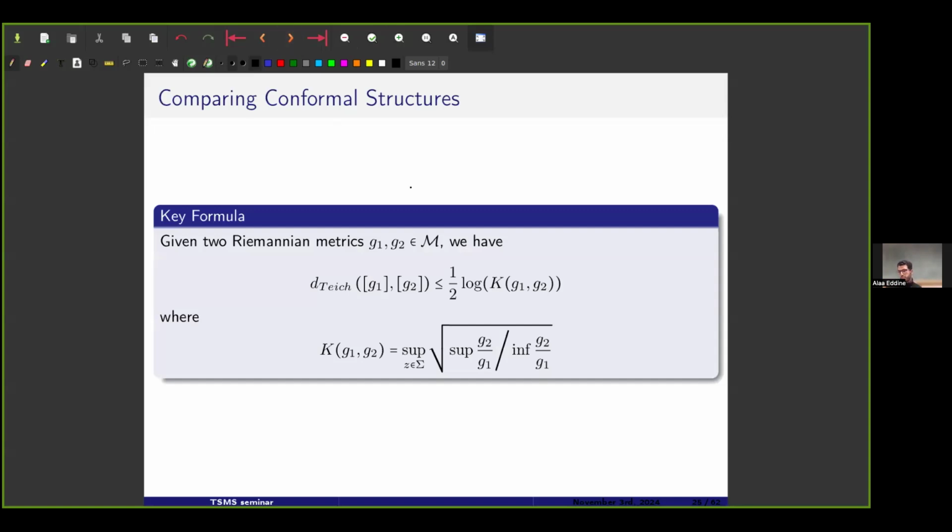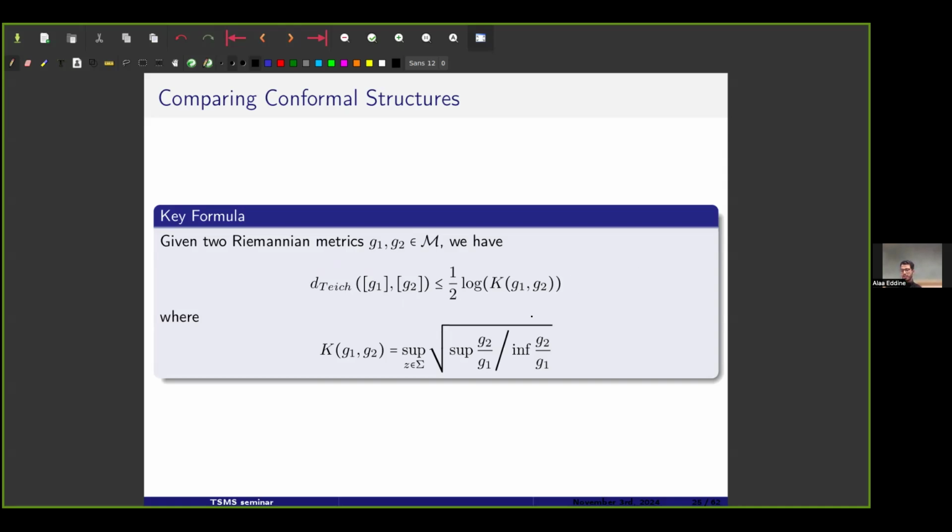So we want to compare the distance between the complex structures defined by two Riemannian metrics. If I have two Riemannian metrics, G1 and G2, I claim that the distance between their projections into the Teichmüller space is less than this quantity.